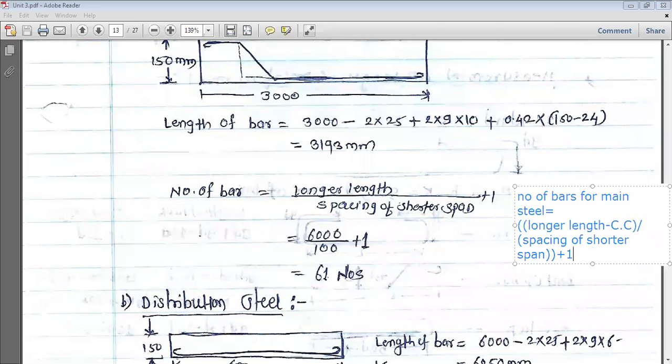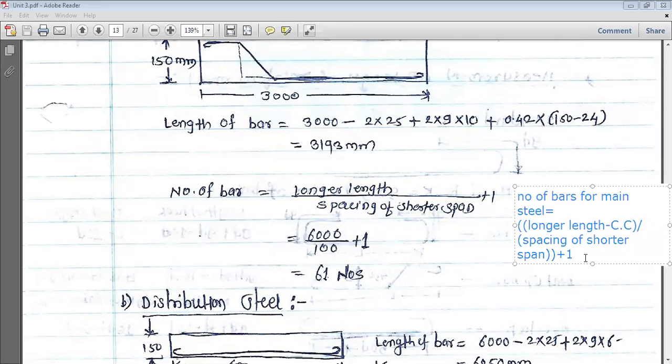So this is the formula that you have to use: number of bars for the main steel equals the longer span minus clear cover divided by spacing of the shorter span, plus 1.